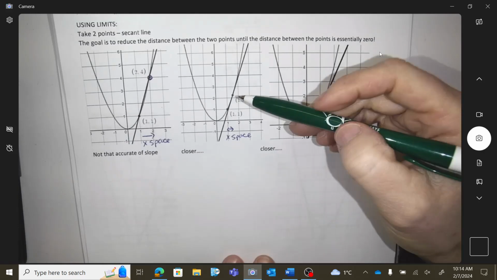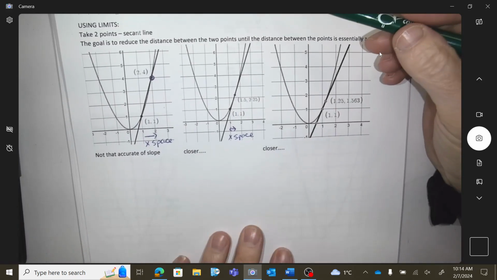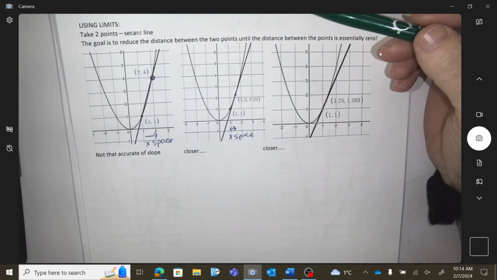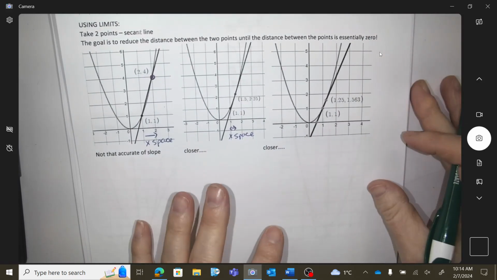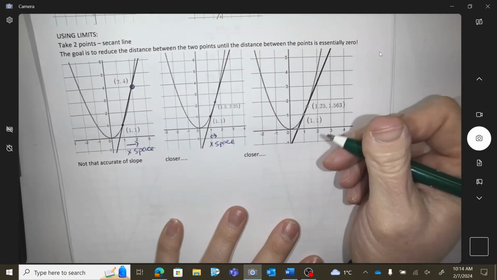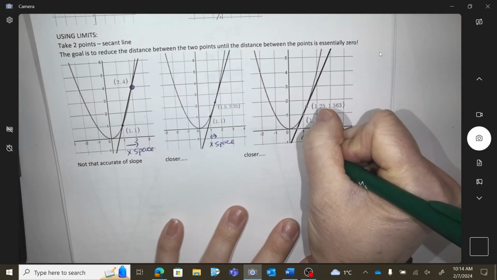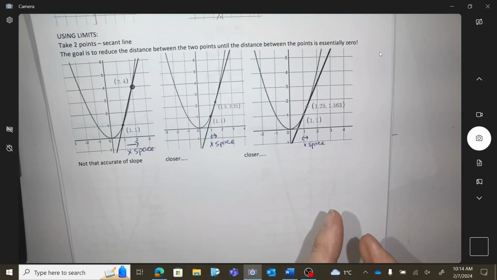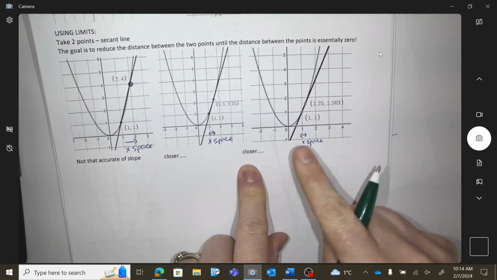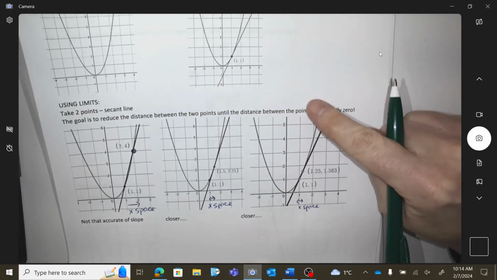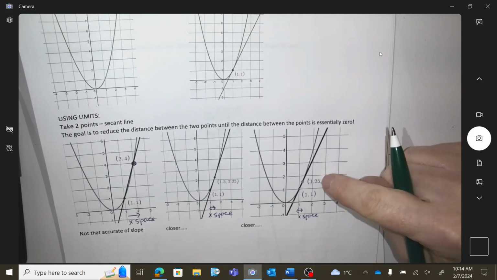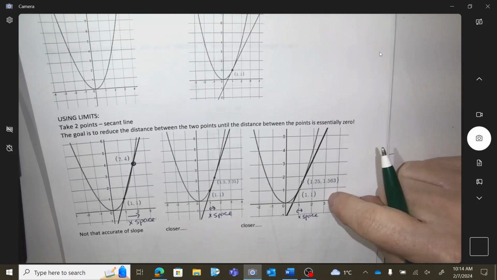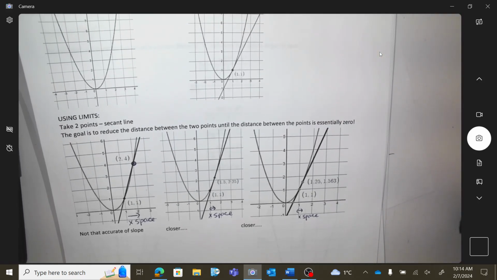Would you say the slope of that line is a little bit closer to the above picture now? It's getting closer, right? Then look at what I did. I made that x space even closer yet. Would the slope of this become more accurate yet? It's getting closer and closer to being what I want in the above picture.